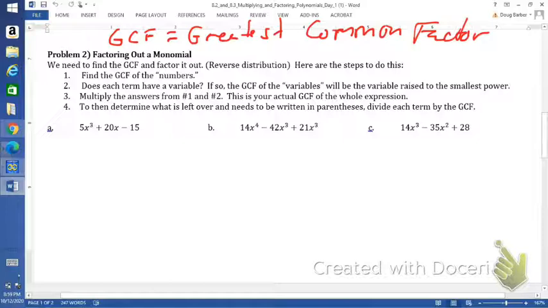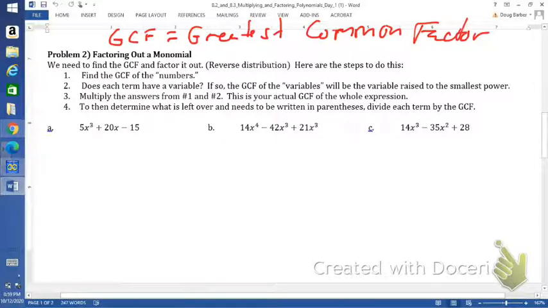Alright, and here are the steps to find the GCF. The first is to find the GCF of the numbers. And again, we already did this in our warm-up, where we factored out. These are the steps that I was talking about.